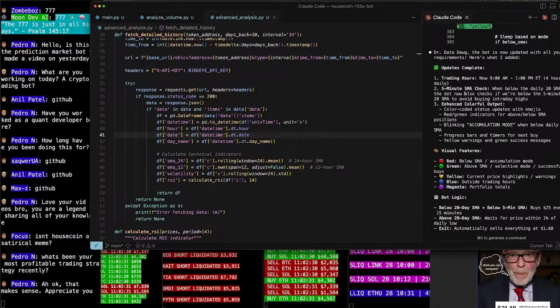When below the daily SMA, the bot now also checks if we're below the 5-minute 20 SMA to avoid buying intraday highs. Enhanced colorful output, color-coded status updates with emojis, nice. Red, green indicators, okay. Blinking accumulation mode when below daily SMA, progress bar, and timers. Visual features.